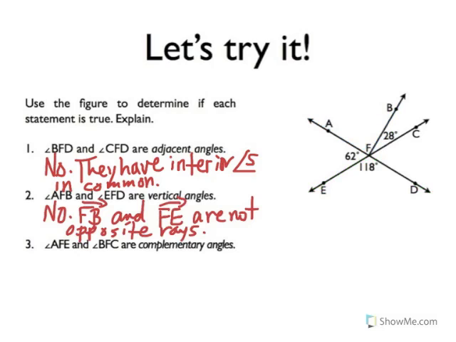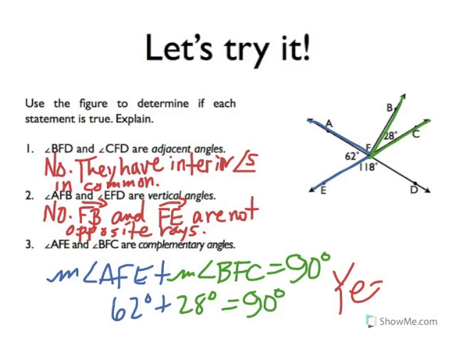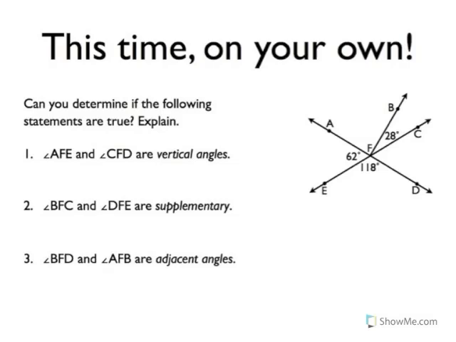And finally, are angle AFE and angle BFC complementary angles? Well, the measure of angle AFE plus the measure of angle BFC is going to equal 90 degrees. So, yes.